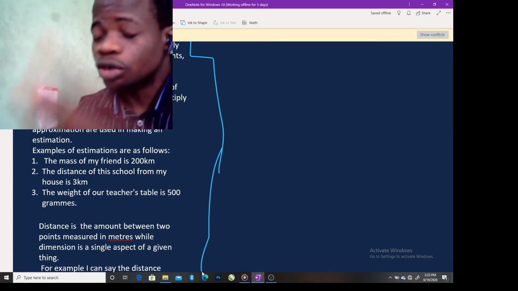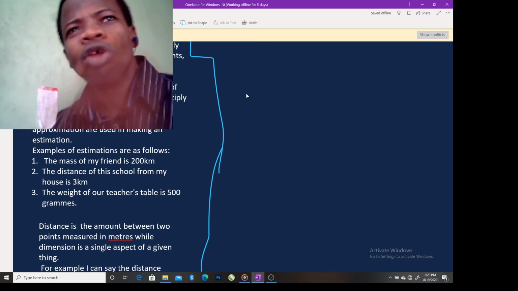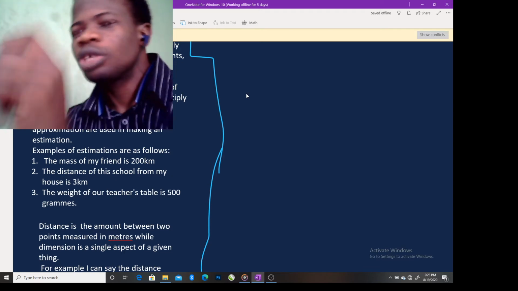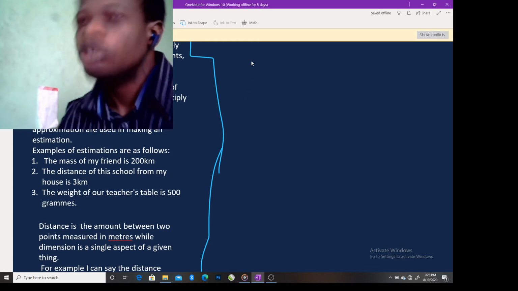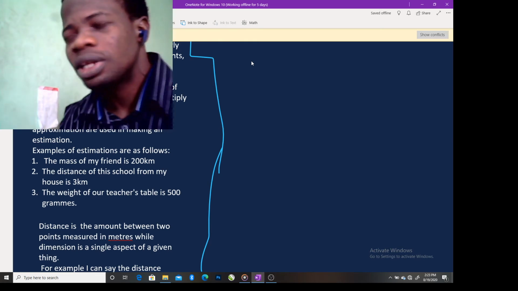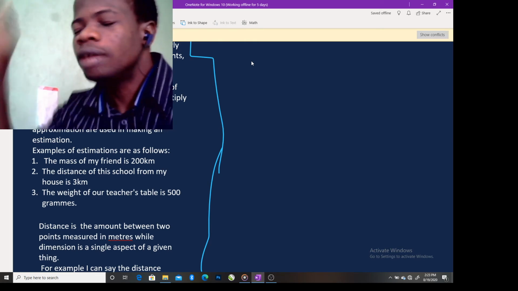Let's go to the examples straightforward. Before you can carry out estimation properly, there are some things we call the fundamental units. For example, you should know the relationship between meters and centimeters, between kilometers and meters, and between centimeter cube and liters.